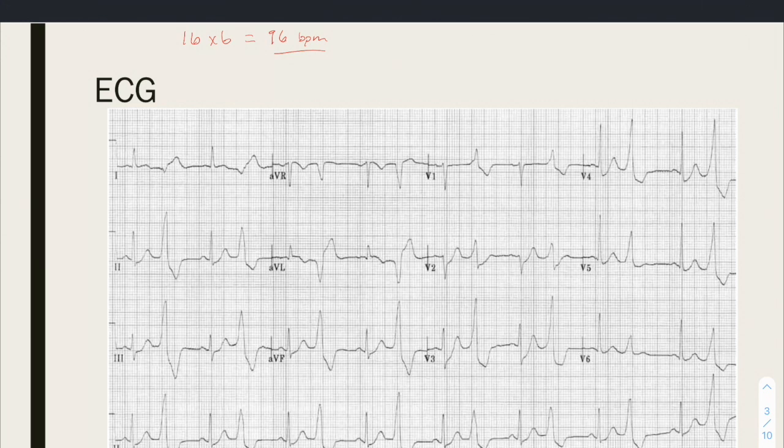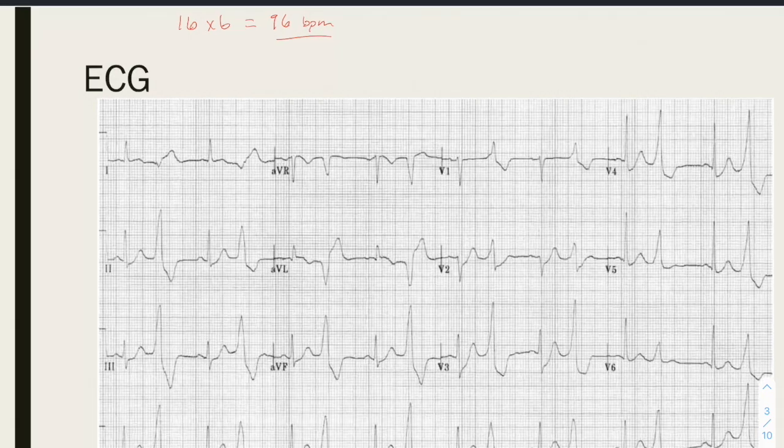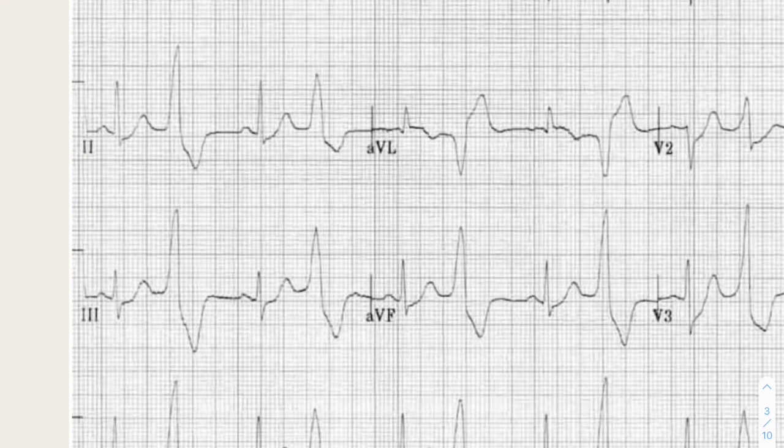Moving on to our P waves. Are there P waves present in the ECG? We'll zoom in here and have a look at the rhythm strip. And yes, you actually do see P waves here. This is a P wave. That is a P wave, which is very good. And these P waves are followed by QRS complexes, which is the secondary step of determining your P waves.